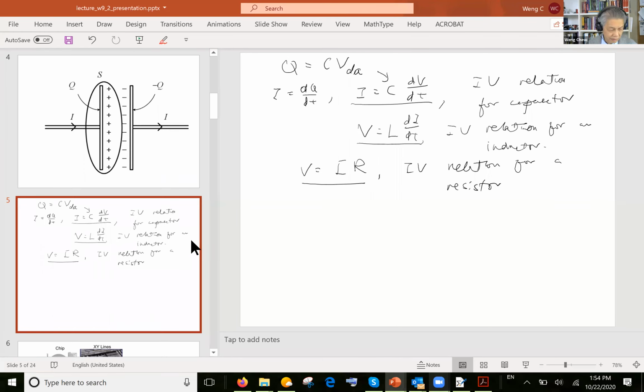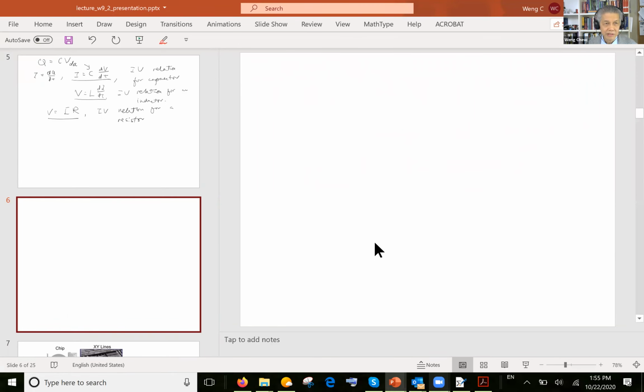If not, then I would just want to emphasize one point, which is that even though we say that circuit theory is an approximation of Maxwell's equations, it's not too bad an approximation in this sense, because in Maxwell's equations, we started out with Faraday's law, and then we have Ampere's law.